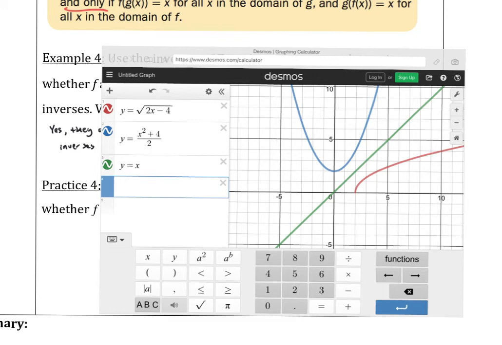So just for our purposes here, let me go ahead and place inside here the negative of that function there. So negative radical 2x minus 4, like so.